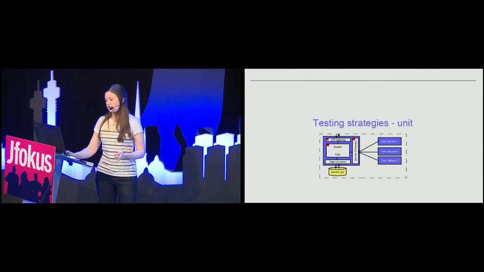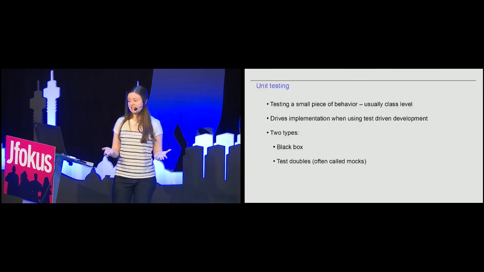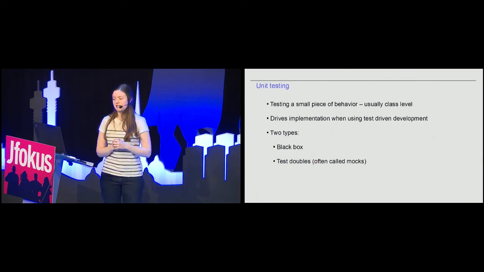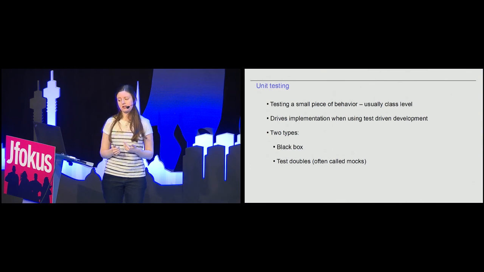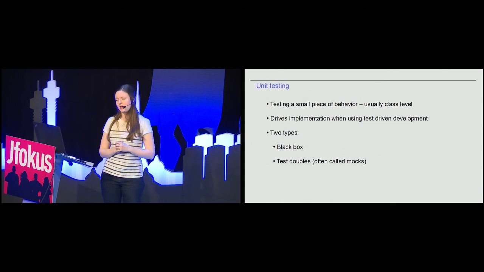So we'll start with unit testing. Typically, unit testing is testing a small piece of behavior, usually at the class level, but if there's several classes that are closely linked, it could be slightly wider. And if you're using test-driven development like we were, then that drives your implementation, which can be quite a useful tool for making sure you write your application in a nice, organized way.